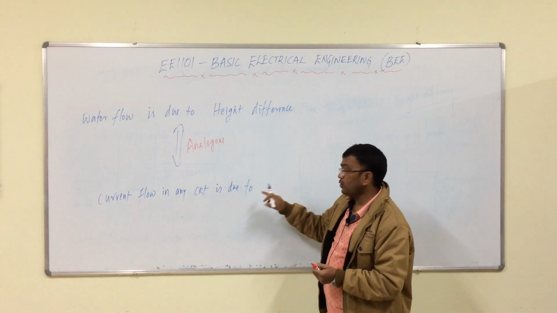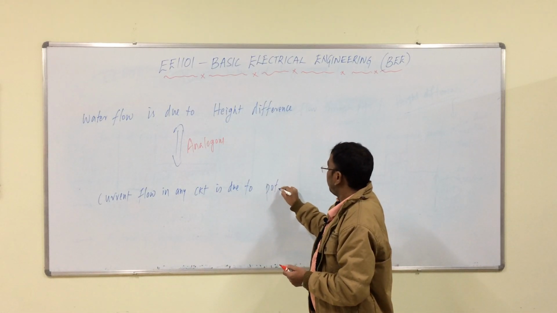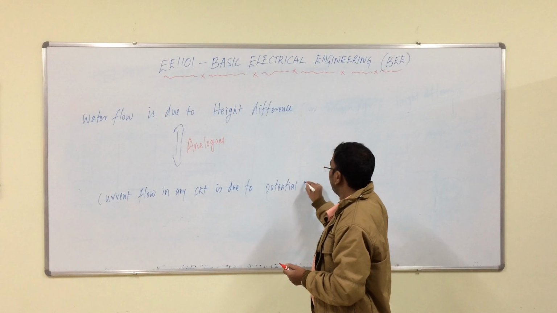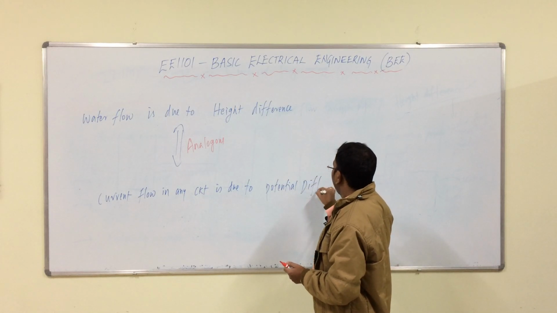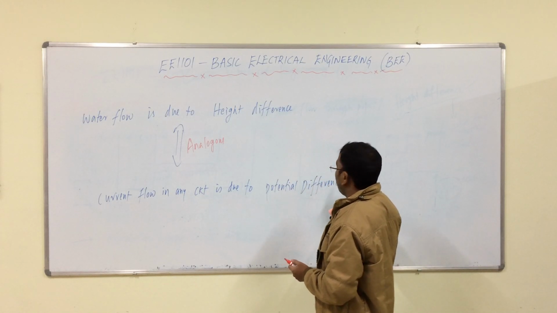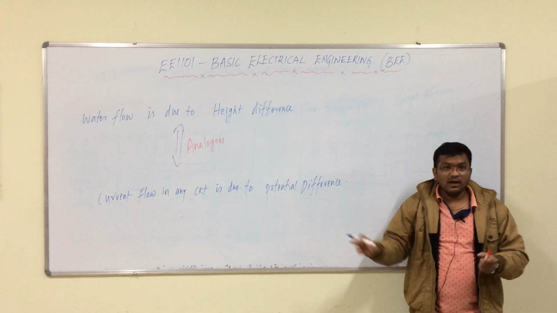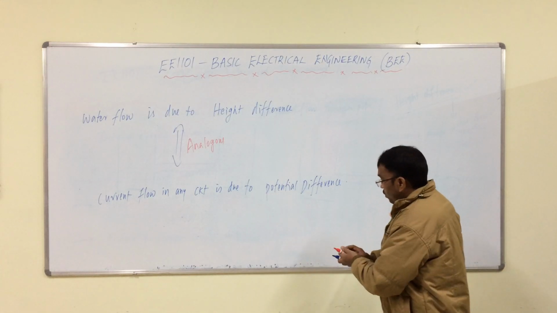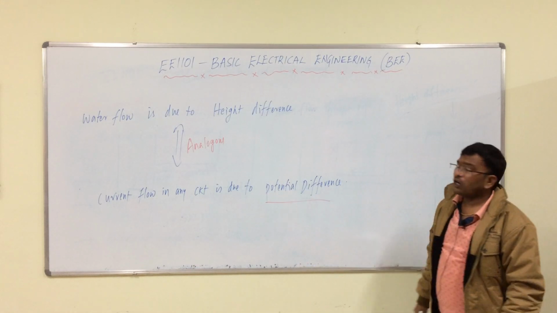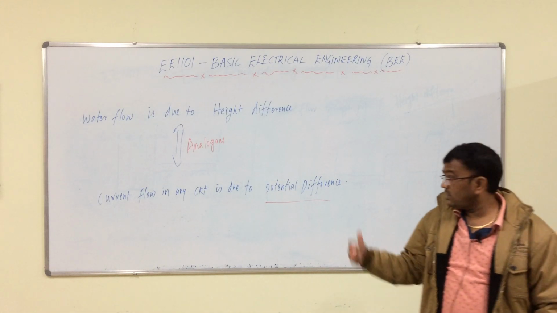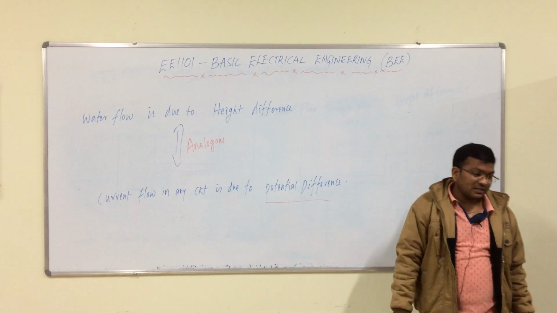Current flow in any circuit is due to what? Potential difference. Then only there is a flow of current. Then what is this potential difference?